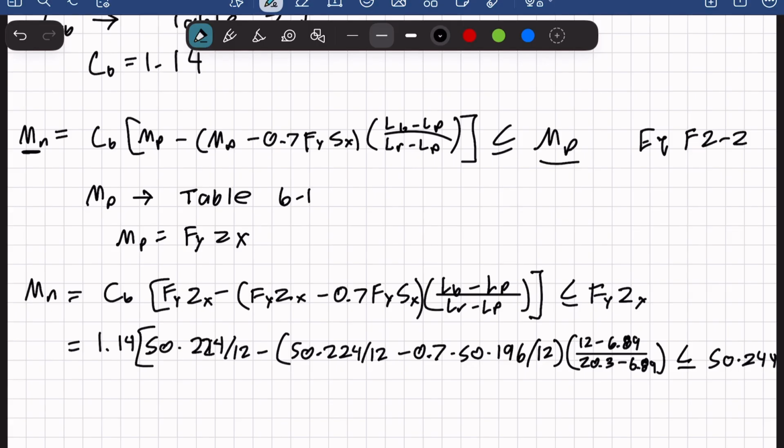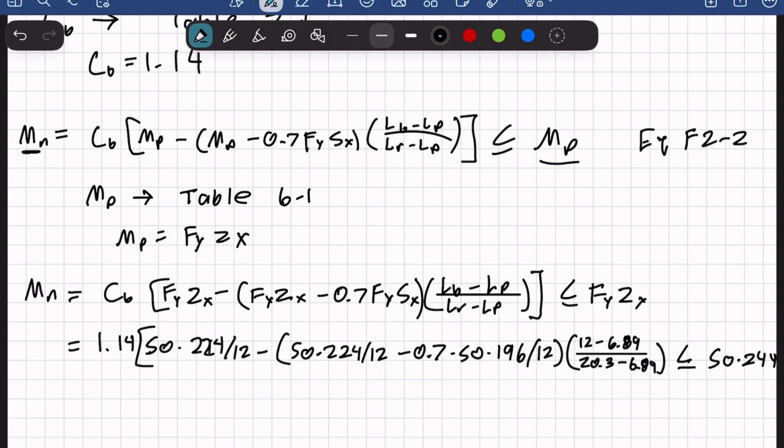50 times 224 divided by 12. And this is where parentheses can really start to mess with your calculations. So be very vigilant that you're keeping good track of them, that you're properly getting all of them in the right place, because I've had many a problem that was messed up by exactly that.